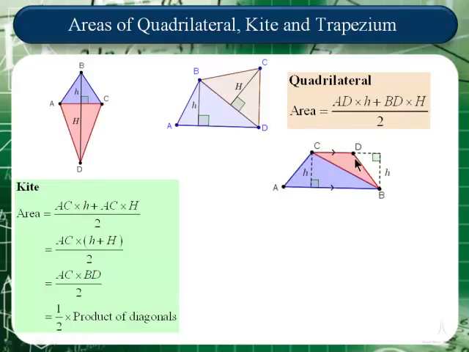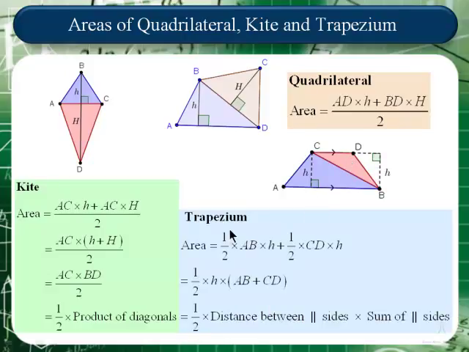If we come to the trapezium, remember here we have a pair of opposite sides parallel. Again, we split it up into two triangles. Note, because this angle D is obtuse, I need to drop a perpendicular to CD produced to get the height of the red triangle.